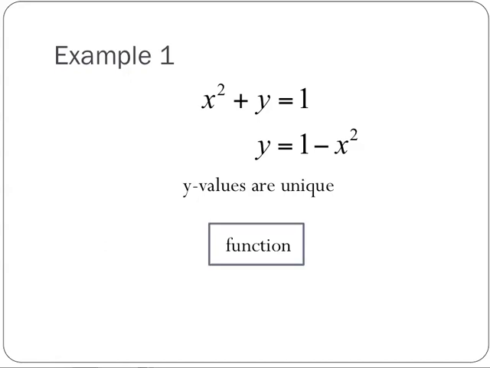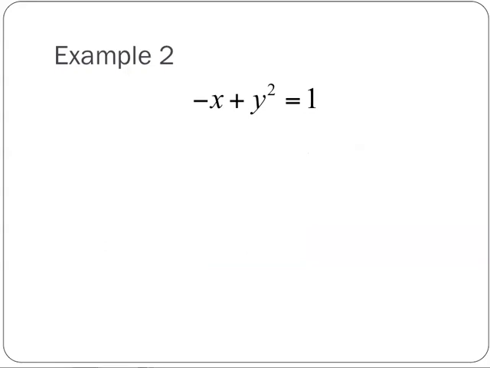Let's look at the next example. It's almost the same as the last one. We have negative x plus y squared equals 1. Okay, so we'll start the same way. We'll try to get y by itself. So we'll add x over to the other side, and then take the square root of both sides. Don't forget that ends up being plus or minus the square root of 1 plus x. And then you have to ask yourself, are the y values going to be unique here?